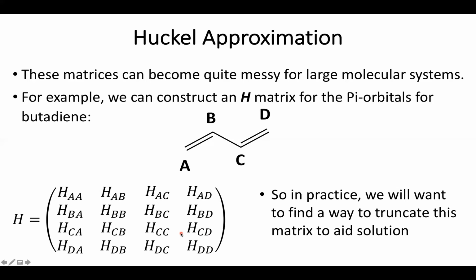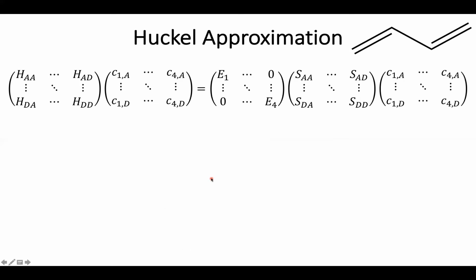easier. So what we can then do is take our butadiene, set up our full set of equations, because don't forget, I've got not just one 4x4 matrix, but 1, 2, 3, 4 different 4x4 matrices, a 5th if you account for the fact the coefficients show up twice.